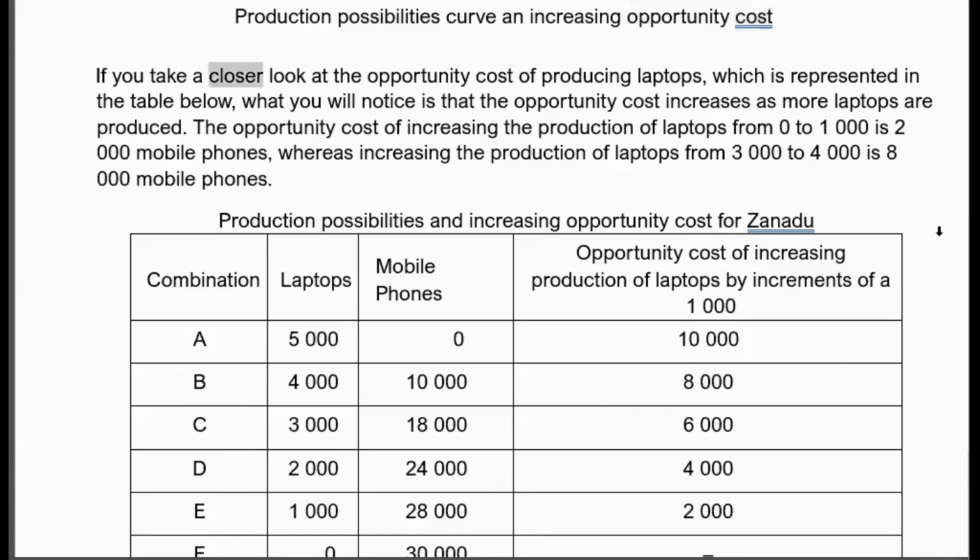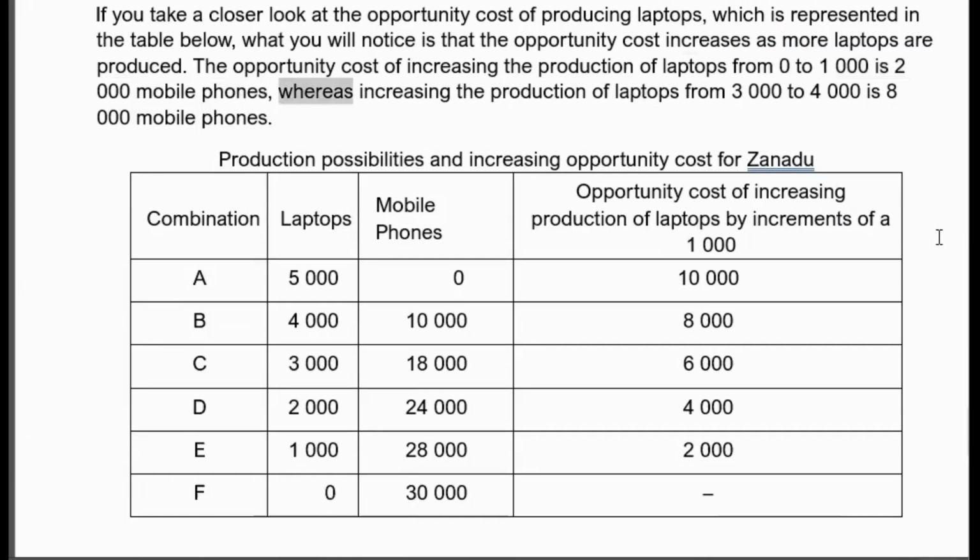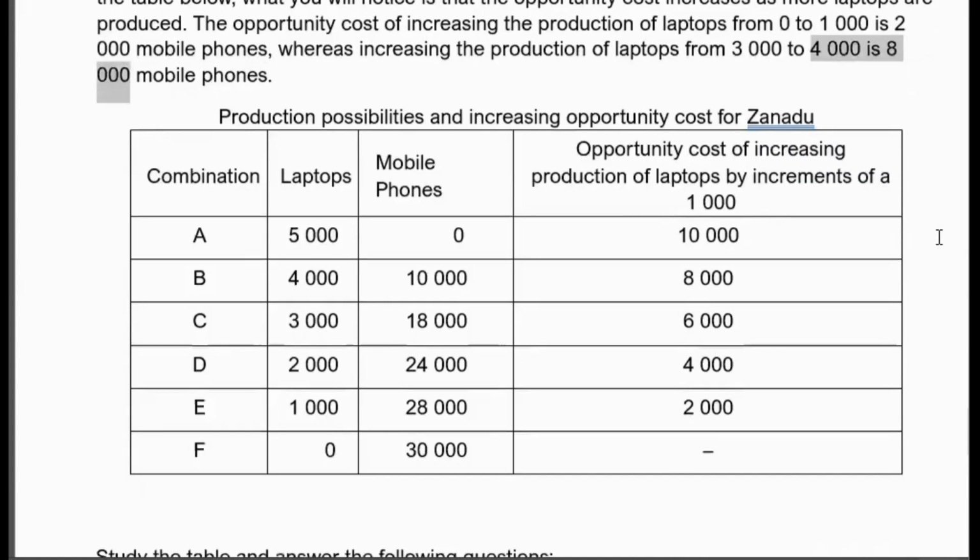If you take a closer look at the opportunity cost of producing laptops, which is represented in the table below, what you will notice is that the opportunity cost increases as more laptops are produced. The opportunity cost of increasing the production of laptops from 0 to 1,000 is 2,000 mobile phones, whereas increasing the production of laptops from 3,000 to 4,000 is 8,000 mobile phones.